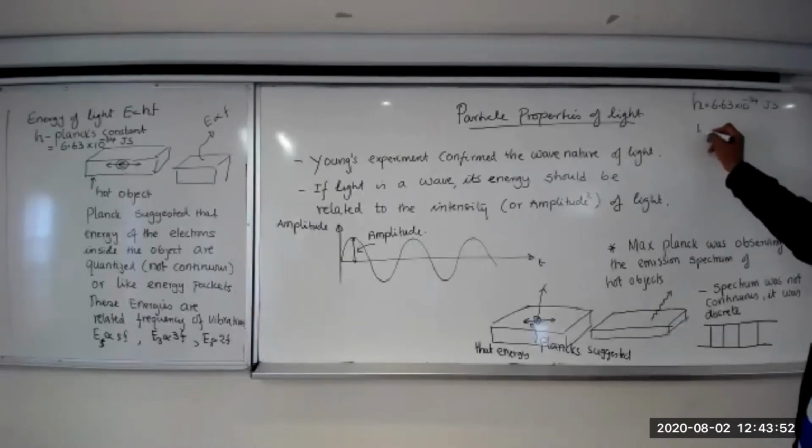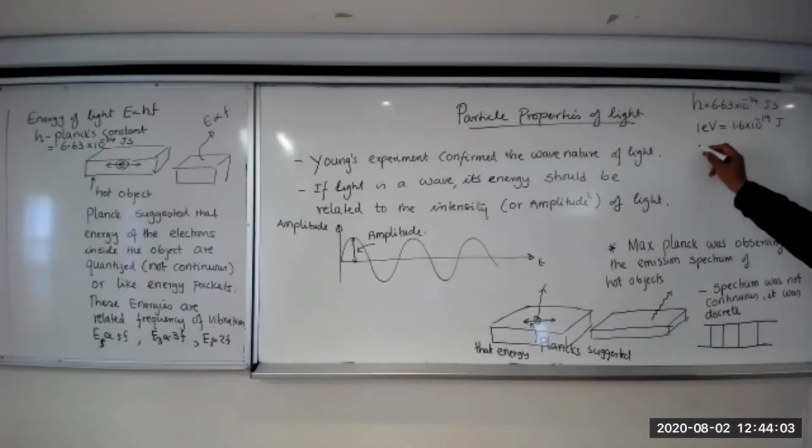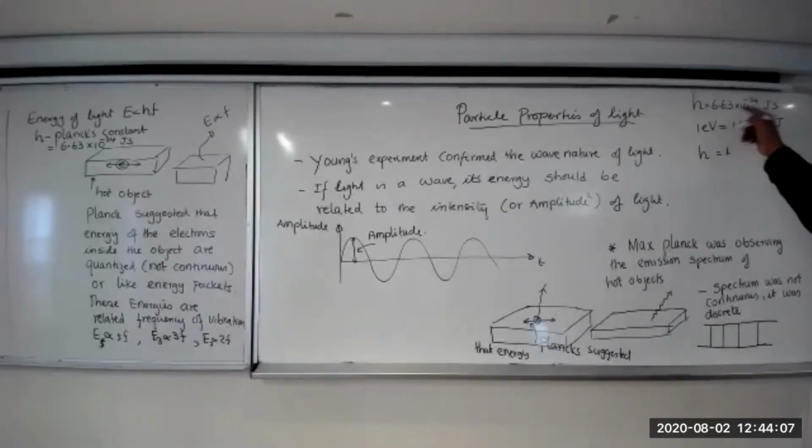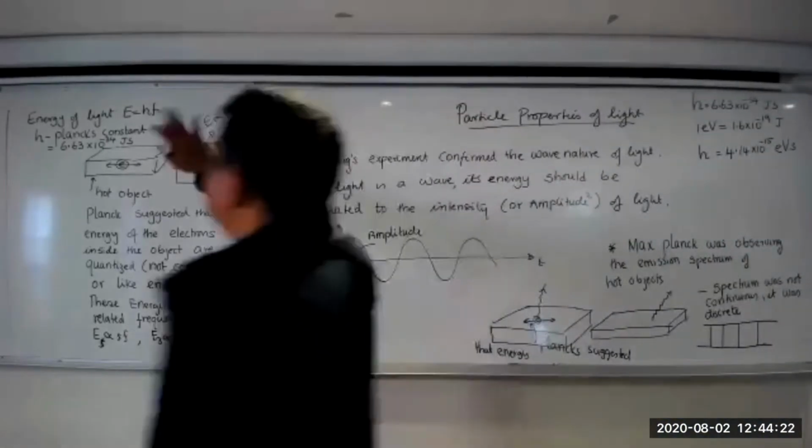We converted 1 electron volt is 1.6 times 10 to the power negative 19 joules. If we convert this Planck's constant into electron volts, if you divide by that number, you get 4.14 times 10 to the power negative 15. Remember the two different units, electron volt seconds and joule seconds. So that's the back-end story.